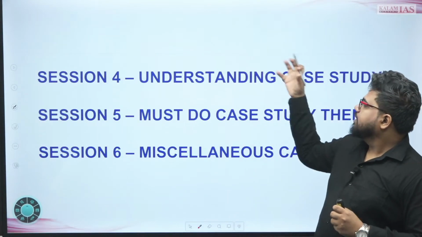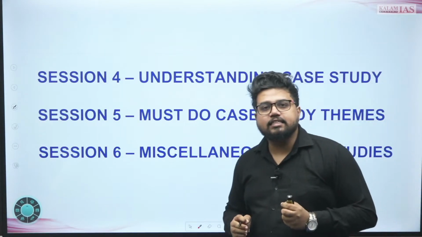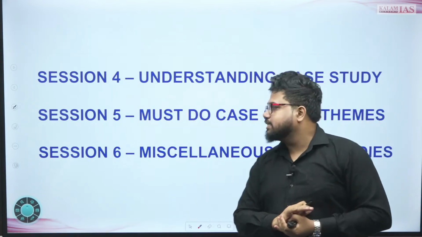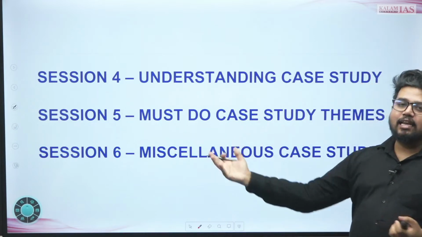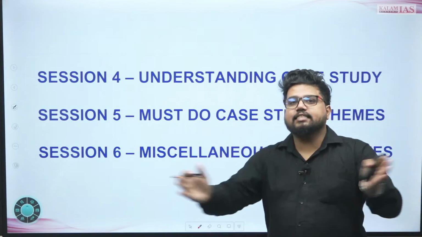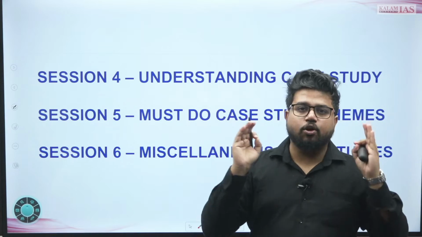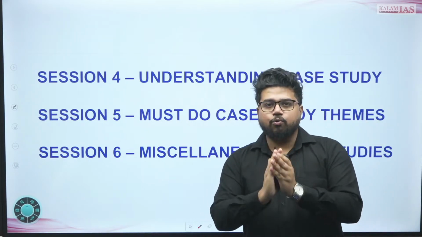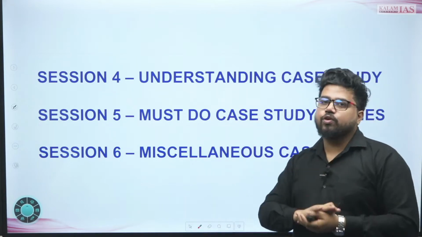So we have done how you should interpret the case studies. We have done a comprehensive analysis on what should be your approach towards case studies. Then last class we have discussed in detail the different routine or repeated themes of these case studies. We have covered around 10 different themes in workbook 7.